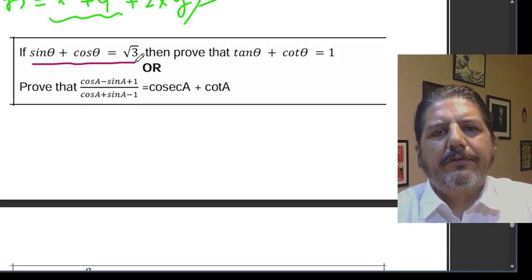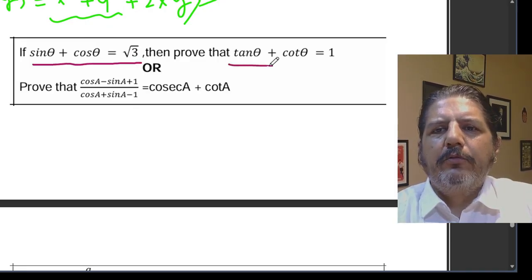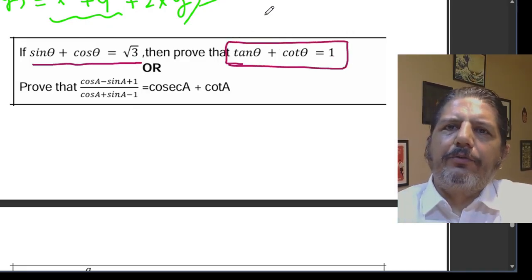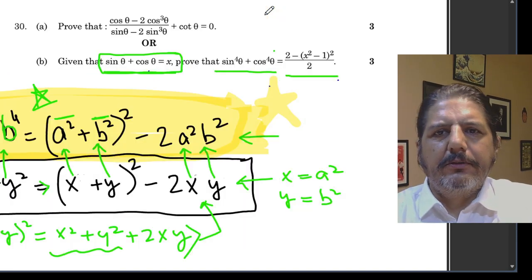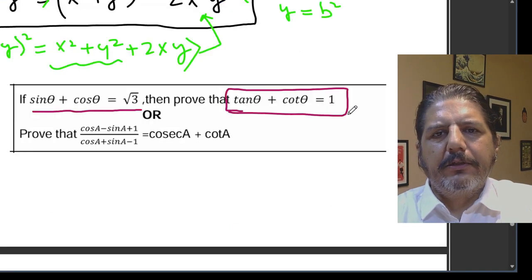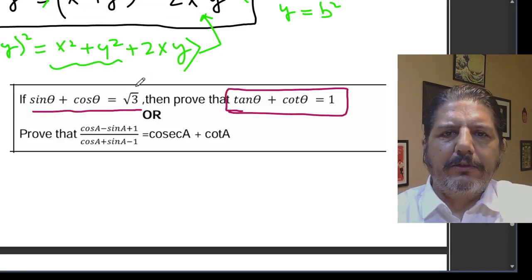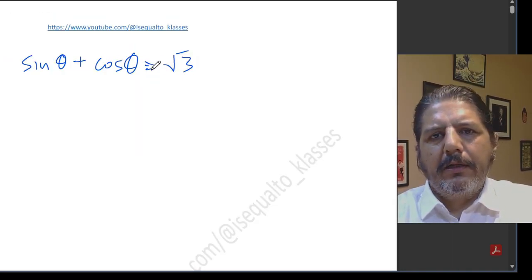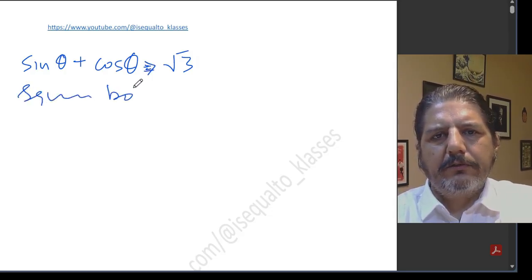Sin theta plus cos theta is equal to root 3. Prove that tan theta plus cot theta is equal to 1. Again, one of the interesting questions, like the one we did before. So sin theta plus cos theta is equal to root 3. Similar to what we did last time, squaring both sides.